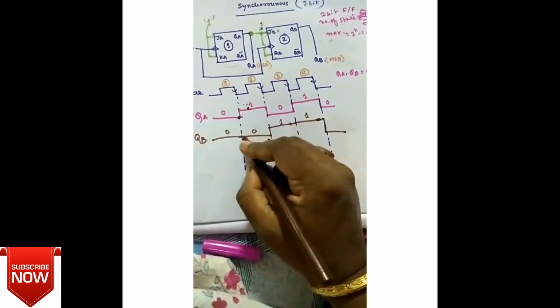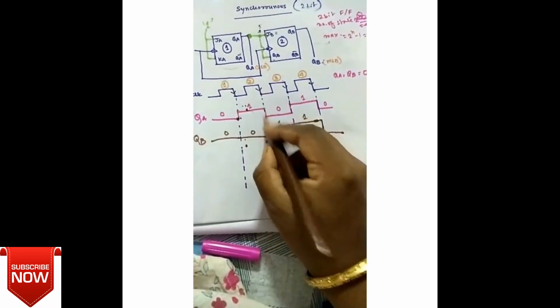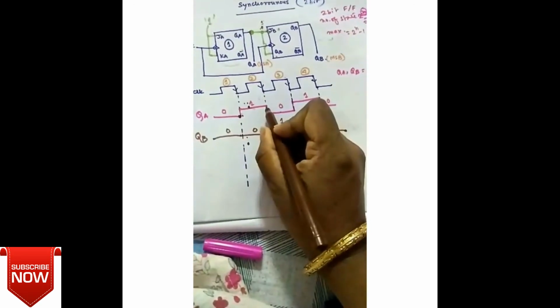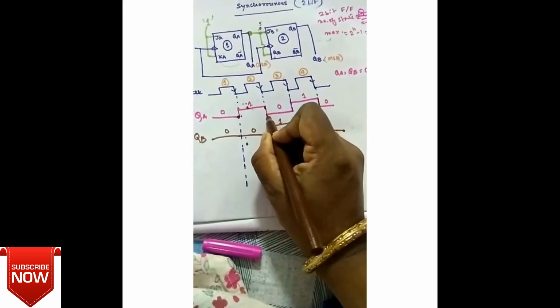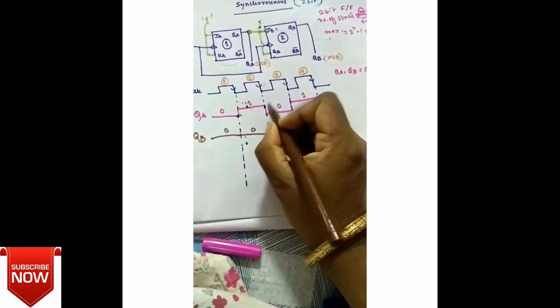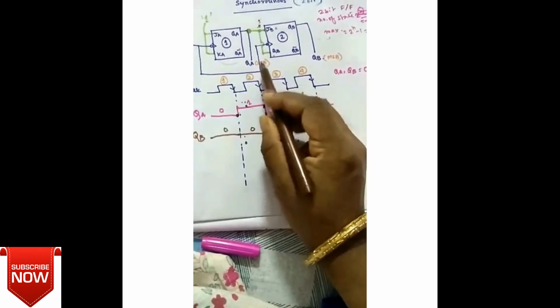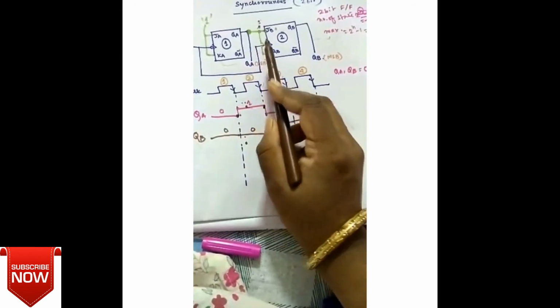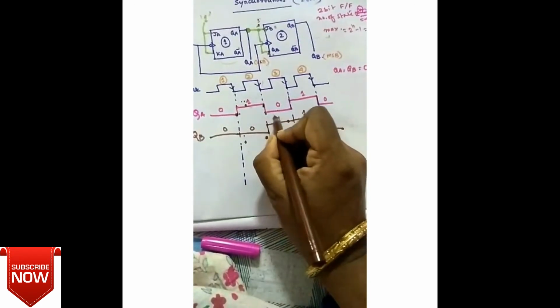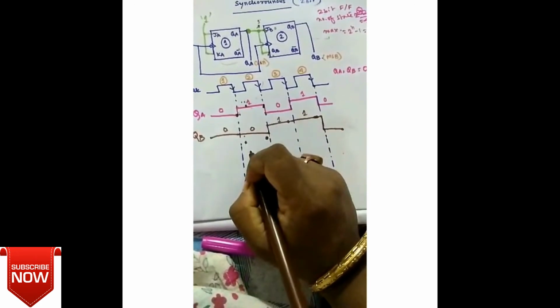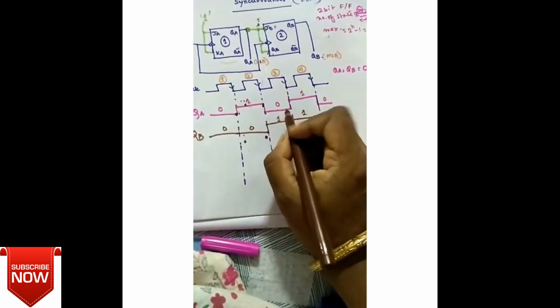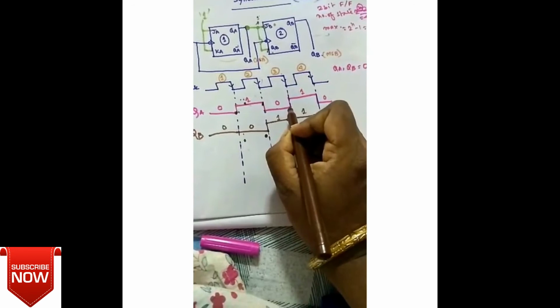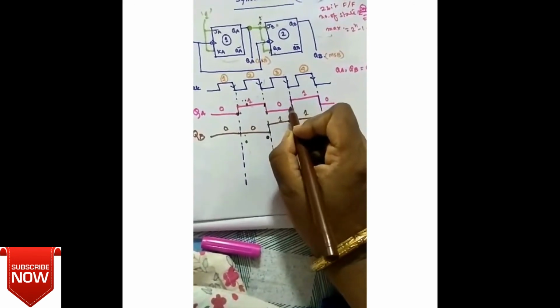So when again on the negative clock trigger, when this QA falls from 1 to 0, at that particular time, before it falls to 0, this 1 is taken as the input of this flip-flop J and K. So if this is 1 and 1, then it will change the value.